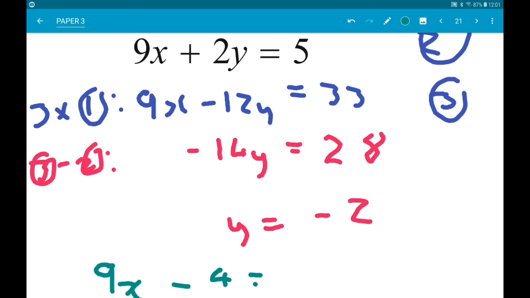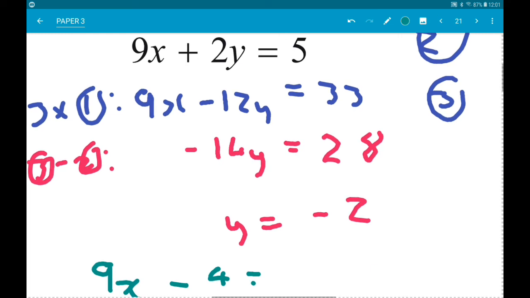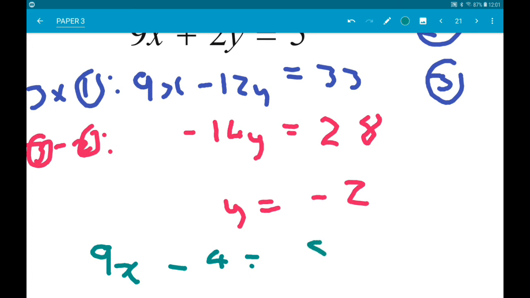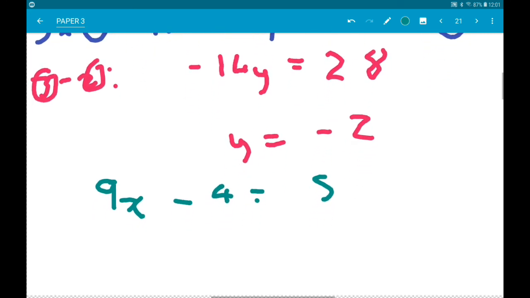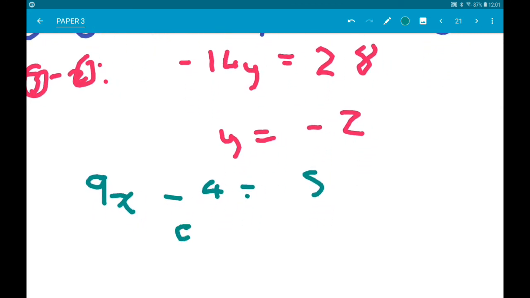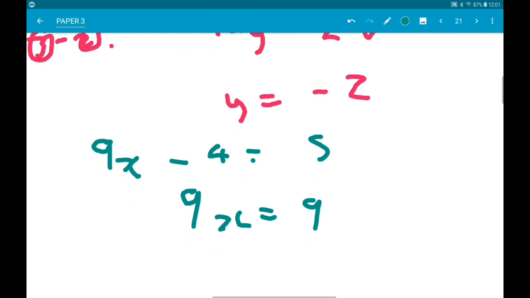We know that that is equal to 5. So add 4, 9x is equal to 9, divide by 9, x is equal to 1.